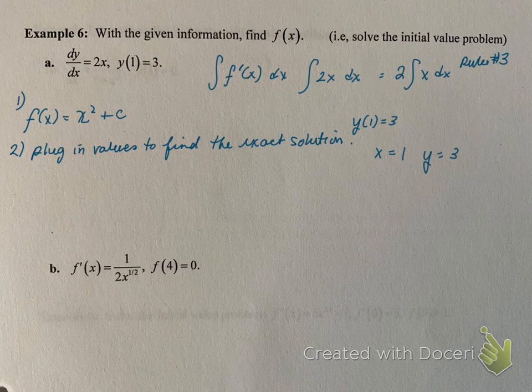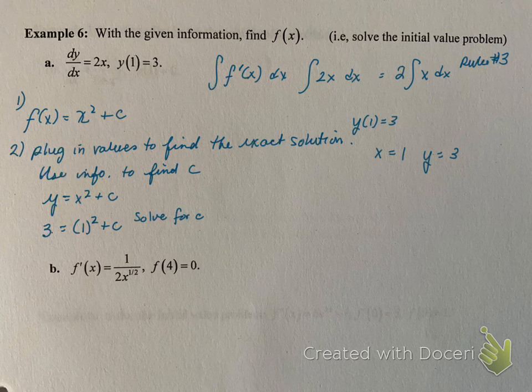I'm going to use this information to find c. Remember y, or f of x, equals x squared plus c. If I plug in y equals 3 and x equals 1, now I have to solve for c. So this becomes 3 equals 1 plus c, so c equals 2.